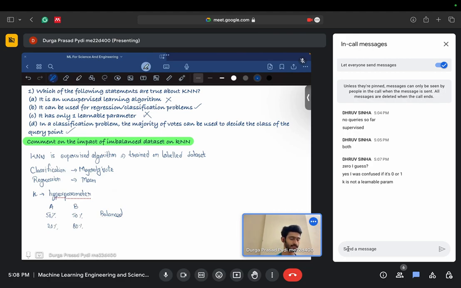If you have a data set like this and you train a KNN algorithm on that, would you expect any changes in its performance? Would its performance be better, less, or does it not depend upon the balance of the data set?